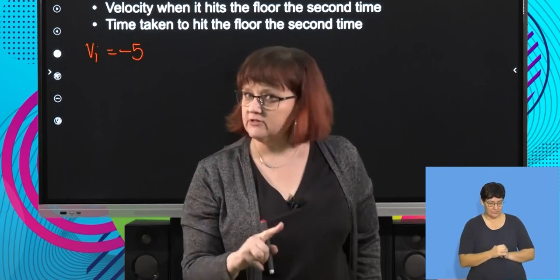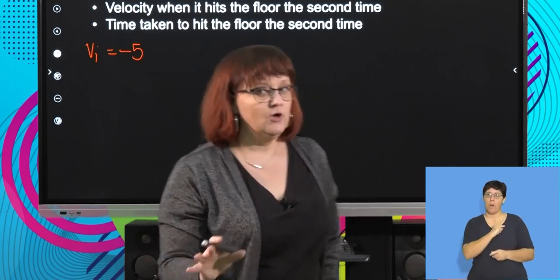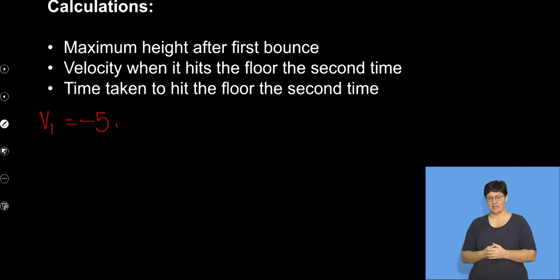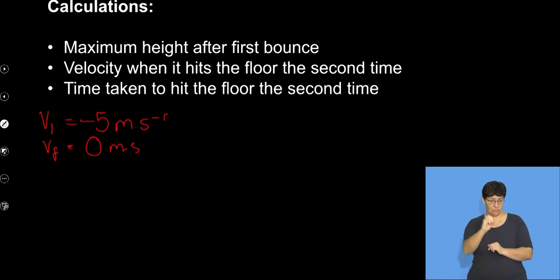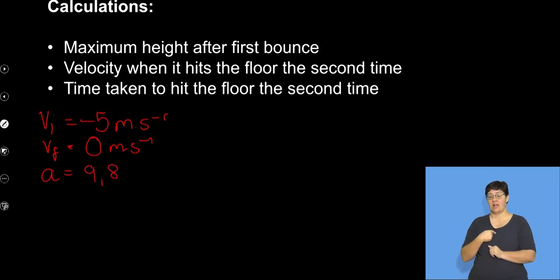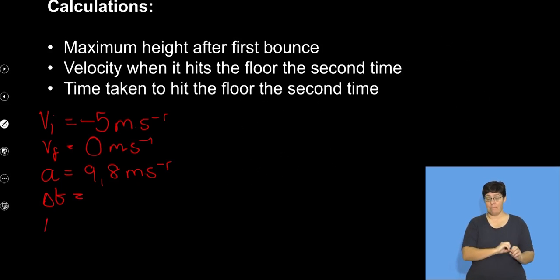I can't change it because I'm trying to find something else. So now this is minus 5. It gets to its maximum height, where Vf will be 0. I know my acceleration is 9.8. I don't know the time it takes to get to that height, but I want delta y.